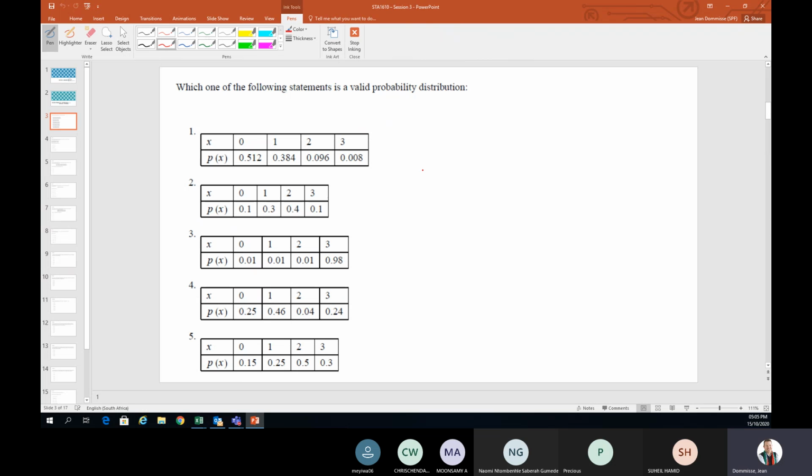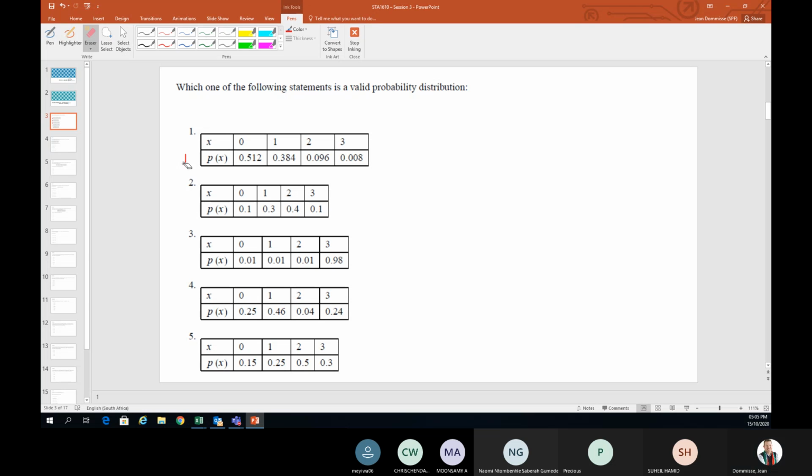Okay, so the clue with this one is, since we are only showing you the probabilities, the probabilities of all of those need to add to 1. Perfect. So all of them need to add to 1.